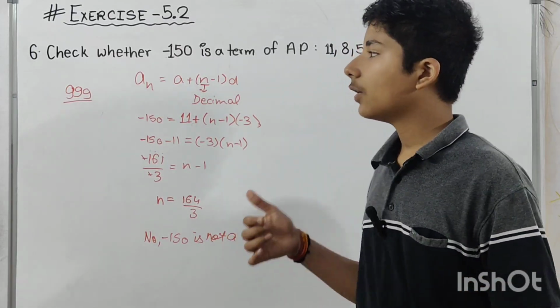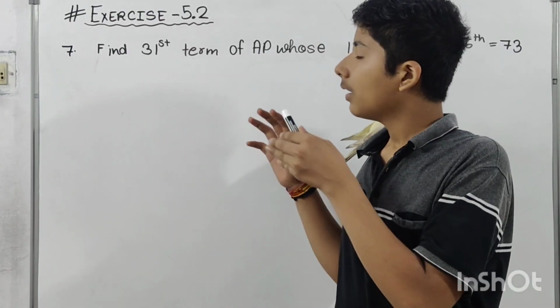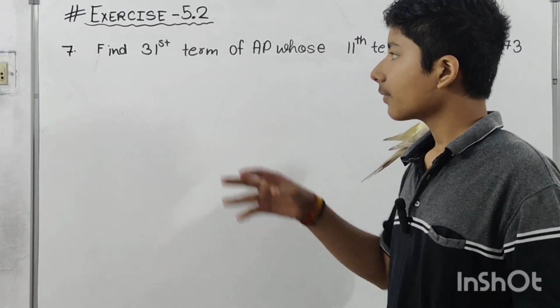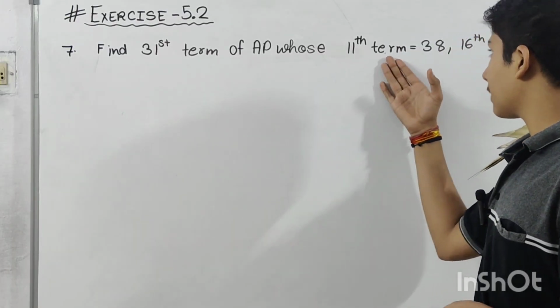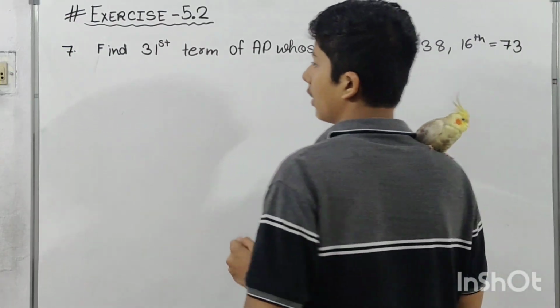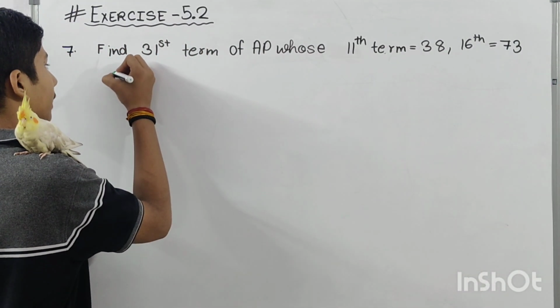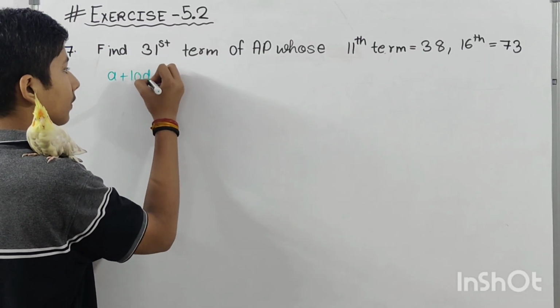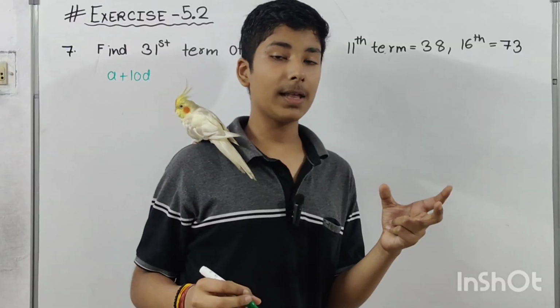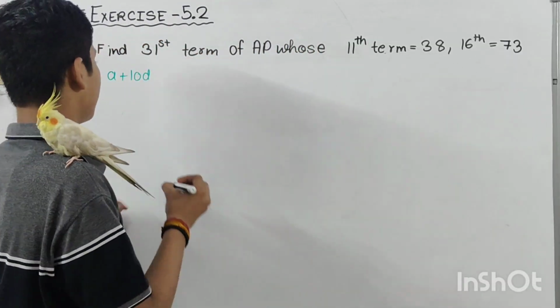Now we will continue with our next question. In this question, find the 31st term of an AP whose 11th term is given and 16th term is given. So the 11th term is a plus 10d. See, the 11th term will be a plus (11 minus 1)d, which is a plus 10d.